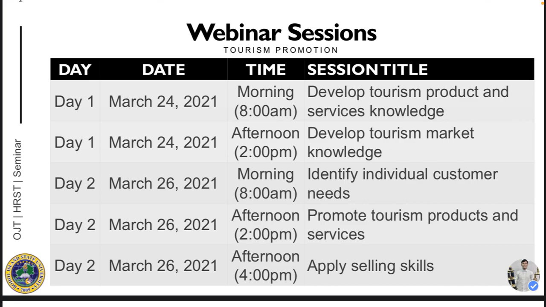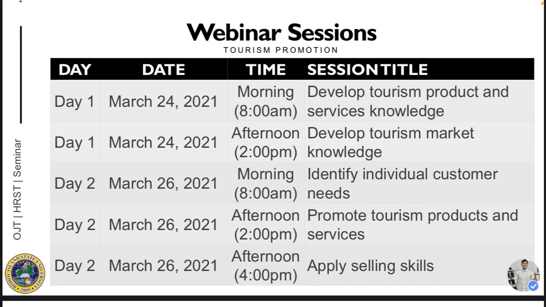And then in session 3, we identified individual customer needs. We need to observe, analyze, and read our customer just by looking at their body language or nonverbal signals. We can easily identify their needs.